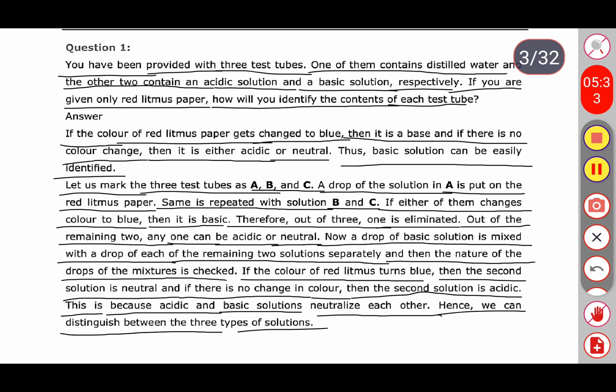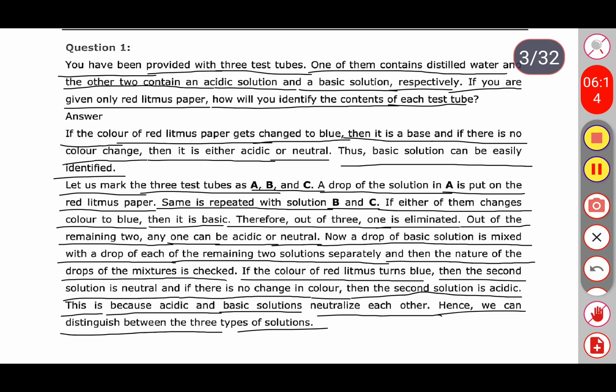So what happens here, we are taking three test tubes and marking them as A, B, C. A drop of the solution A is put on the red litmus paper. Same is repeated with the solution B and C. If either of them changes to blue, then it is basic. Therefore, out of the three, one is eliminated. Remaining we are having two solutions, and one of them should be either acidic or neutral.